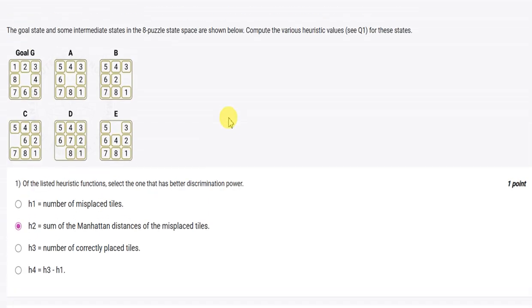So today we are going to discuss these heuristic functions and some worked examples dependent on the heuristic function. This question has A, B, C, D, E as intermediate steps and goal G as the final step.